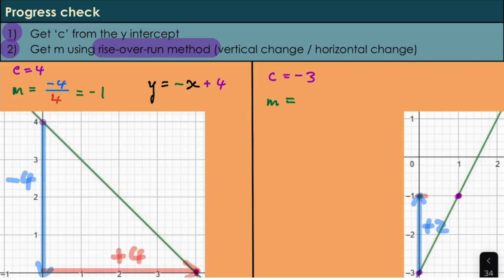My run, I went across 1 block to the right, plus 1. So I can say my rise was positive 2, my run was positive 1. And 2 over 1 is 2. I can now write my equation, y equals, and that's a wrap, guys.